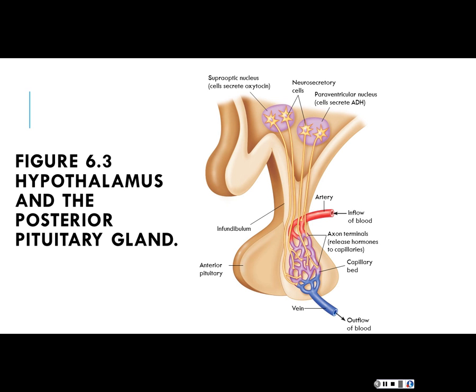What about over the anterior pituitary? Trophic. Definitely the hypothalamus tropically regulates the anterior pituitary.